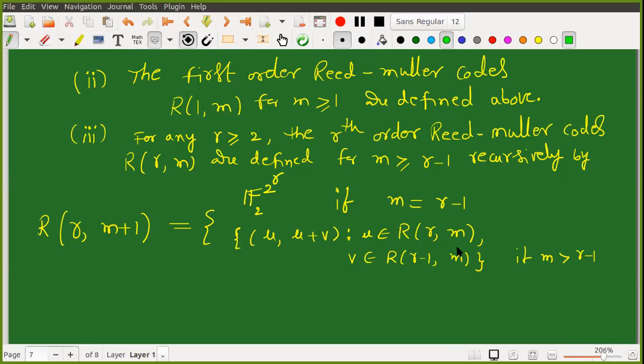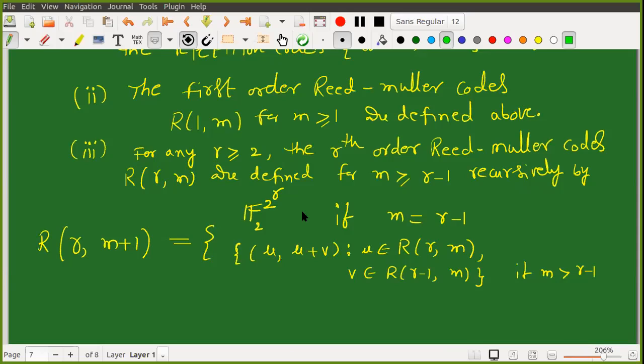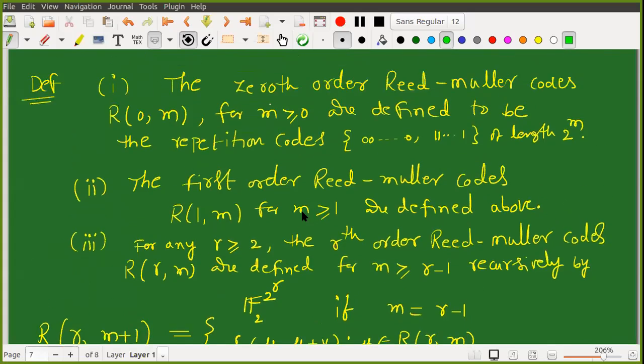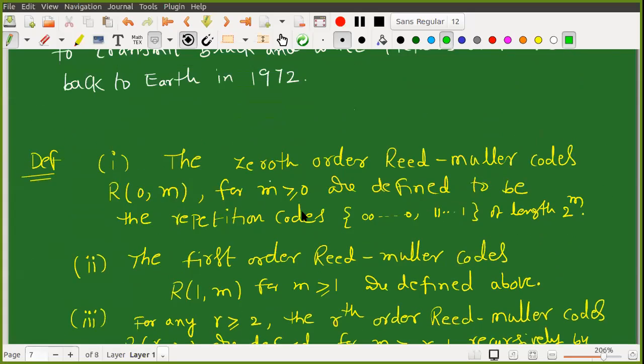If m is greater than r minus 1, then it is again defined recursively like this, (u, u plus v). So you can check later, watch the video, and I will upload these slides on the Google site. There also you can check. I took this content from the Ling, Xing and Ling book. There also you can check. Yeah, with that I'll stop.